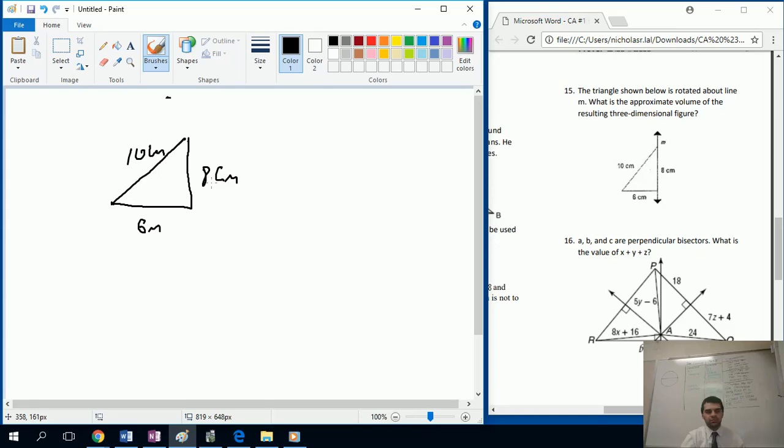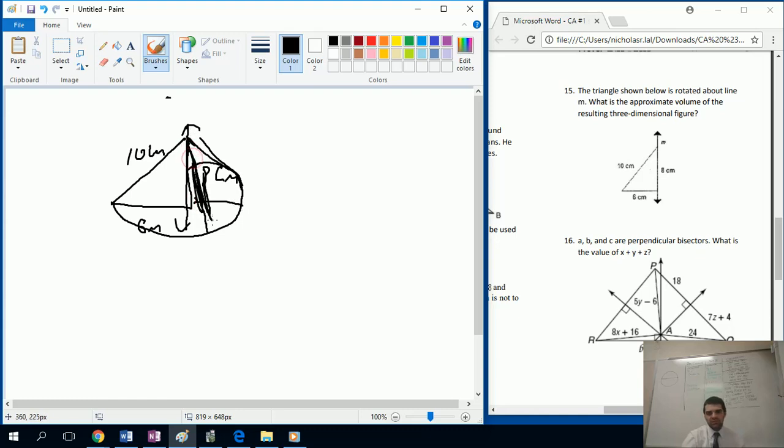And when we rotate it about this axis, as it rotates, it's going to become a cylinder. All right. So it's going to become a cylinder.